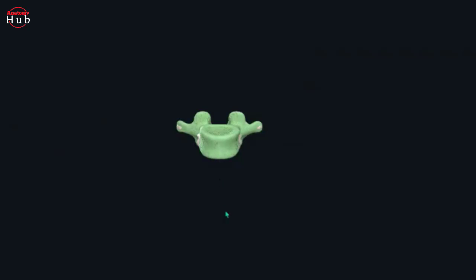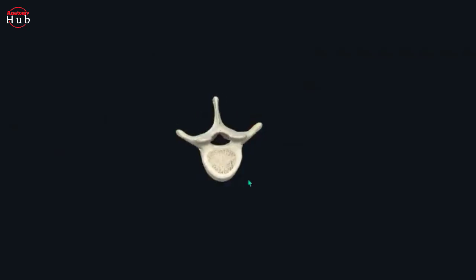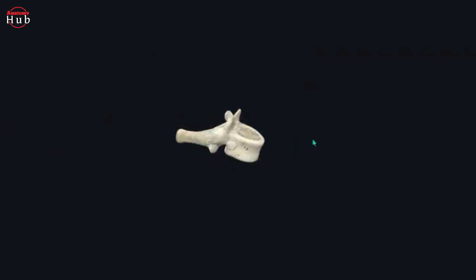Now if we see from the top, here you can see the first thoracic vertebra, and you can observe that the spinous process is not going downward; it is present more transversely. But we have studied that in thoracic vertebrae the spinous process goes downward. So here it is a different feature.